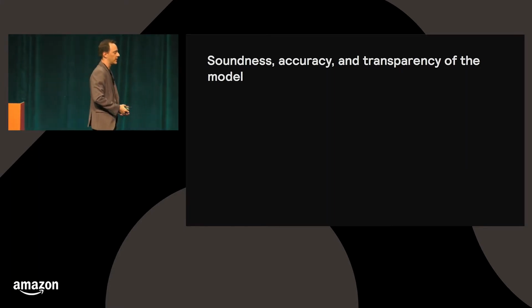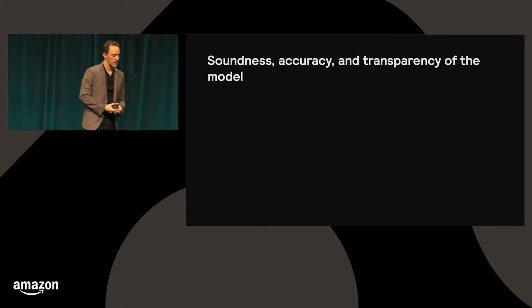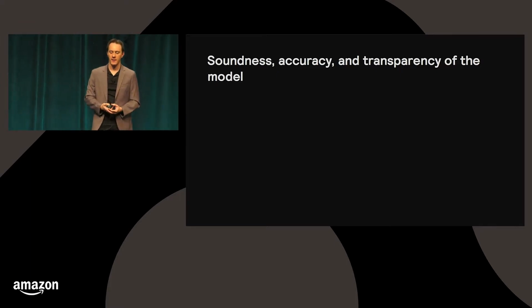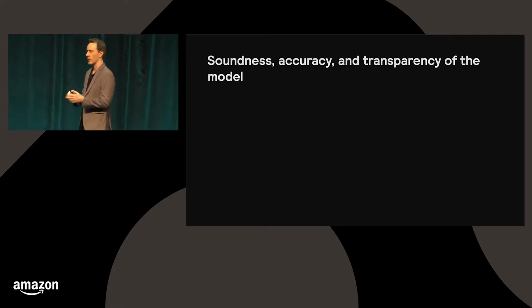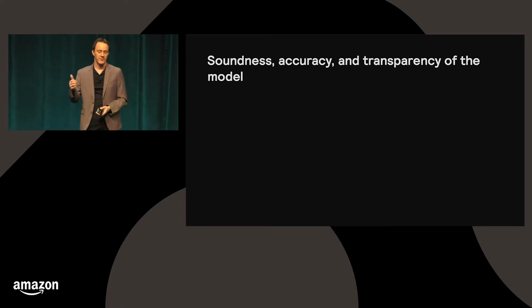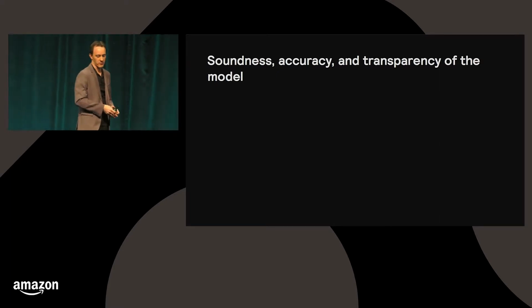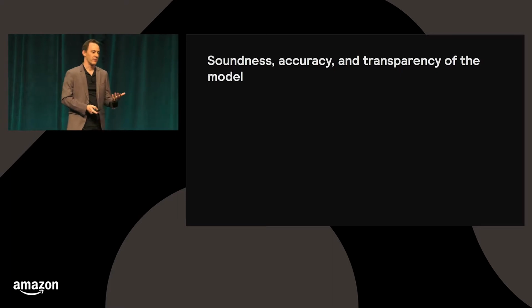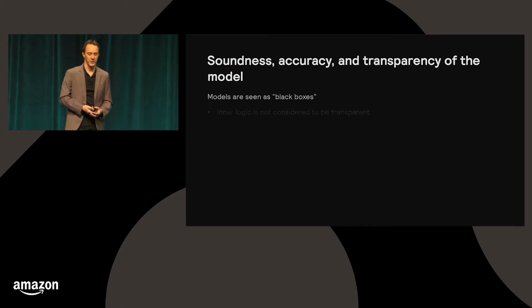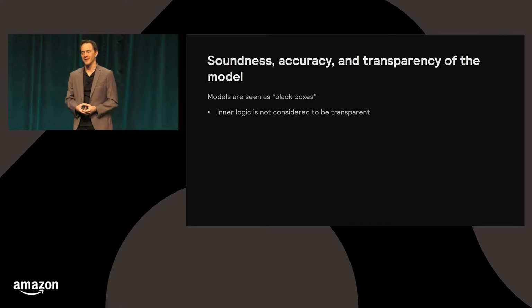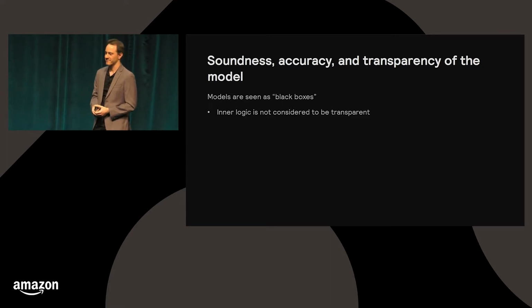So apart from the data aggregation and data analytics, if we look specifically into the machine learning models, there's the soundness, accuracy, and transparency concerns of that model. I have heard from different financial institutions that machine learning models are seen as black boxes.